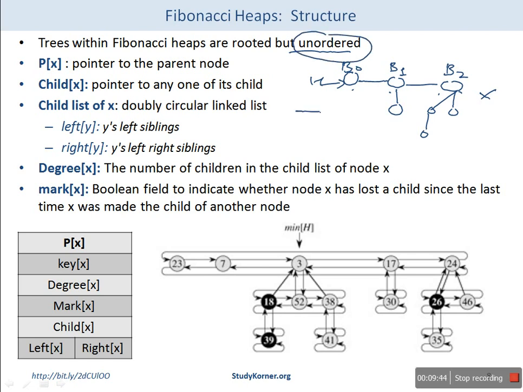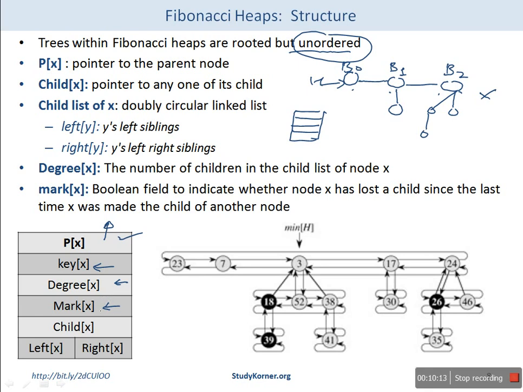Each node of a Fibonacci heap has these types of pointers. We have a pointer to the parent of the node. Key of x represents the information held by this node. The degree of x is the number of children. Mark of x is a boolean field which tells whether this node is marked or not; we can set the values true and false.